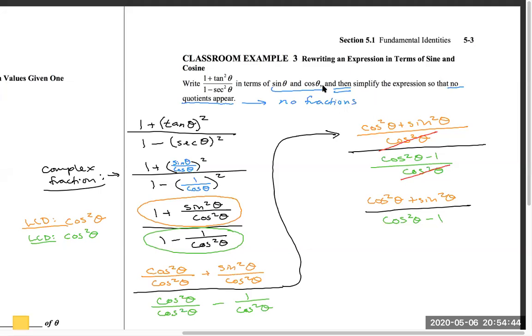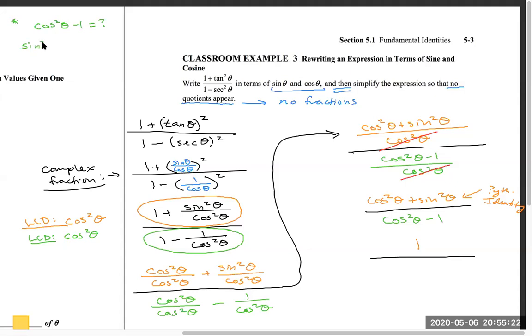Okay, now here's where we need to continue to use algebraic manipulation. Note that this is a Pythagorean identity. And cosine squared theta plus sine squared theta, what is that equal to? That's equal to 1. Now, let me put this over here. For cosine squared theta minus 1, what is that equal to?